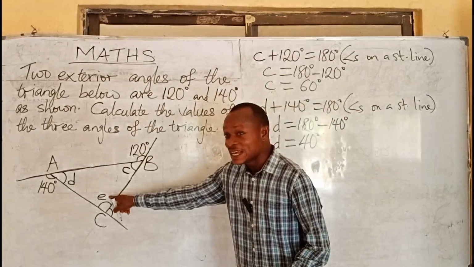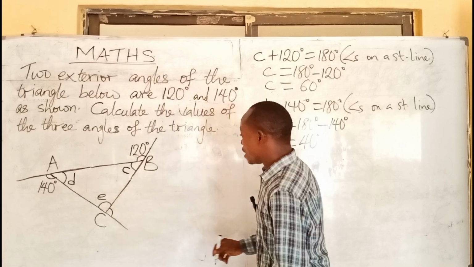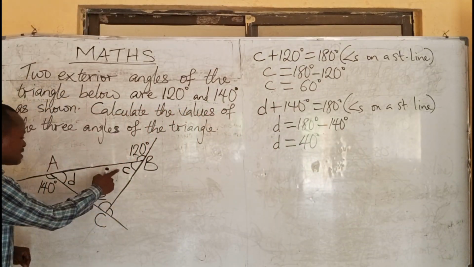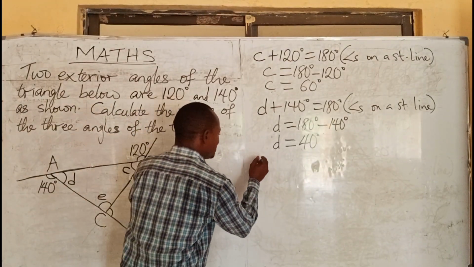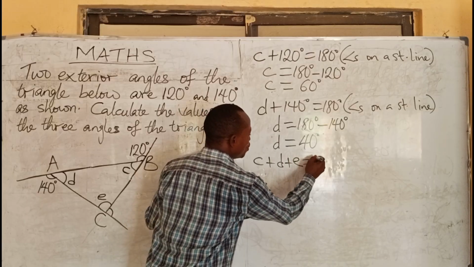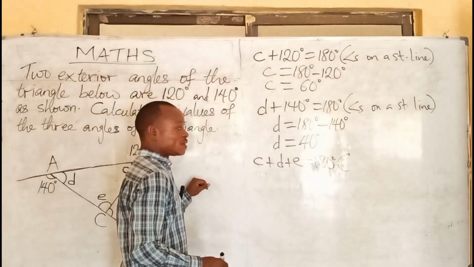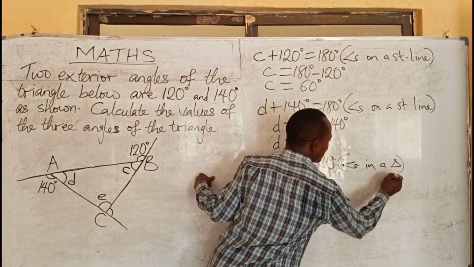We can now look for the third interior angle, since we already know two. We know that the sum of the angles in a triangle is 180, meaning C plus D plus E is 180. So we state it out, C plus D plus E equal to 180 degrees. Reason, you state the reason in a bracket, angles in a triangle.